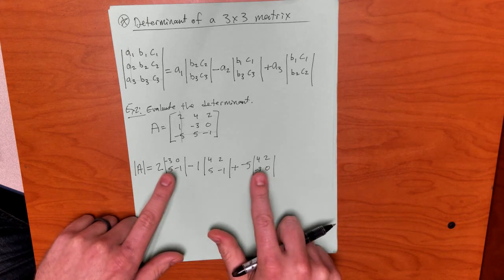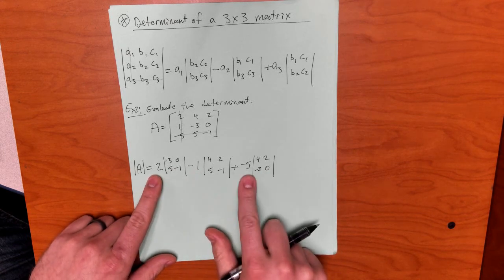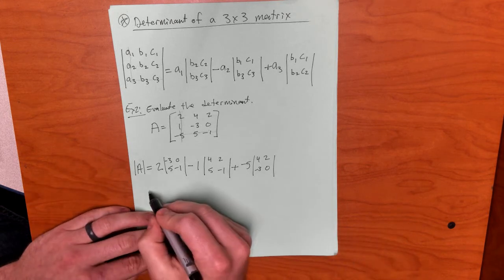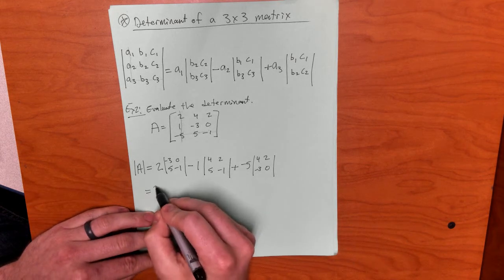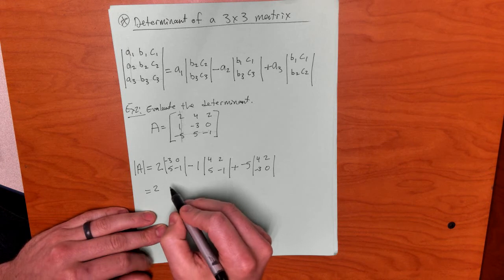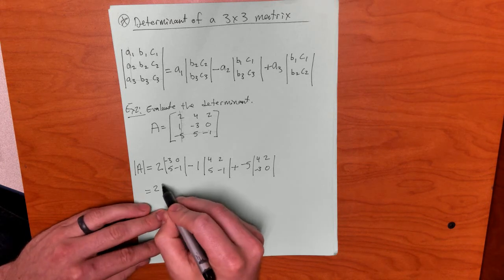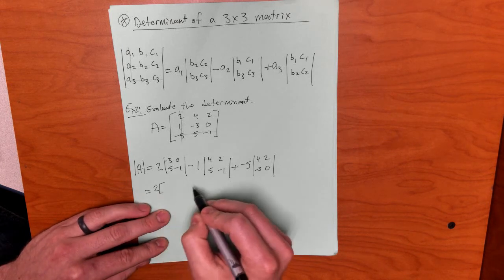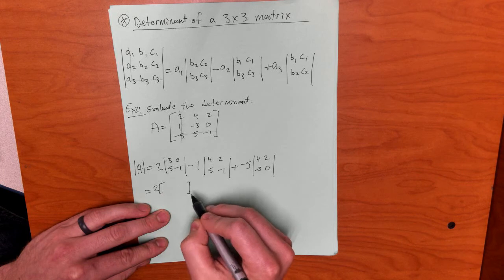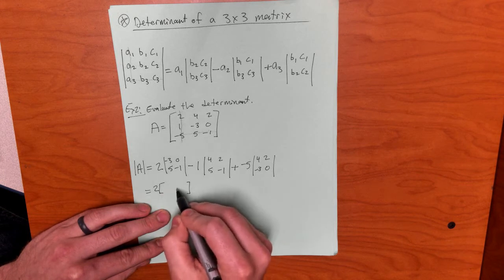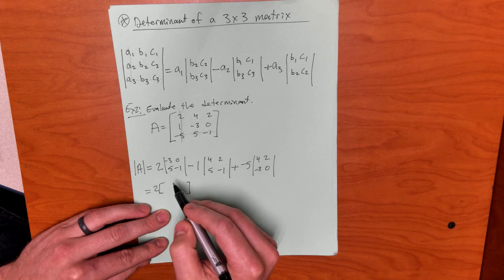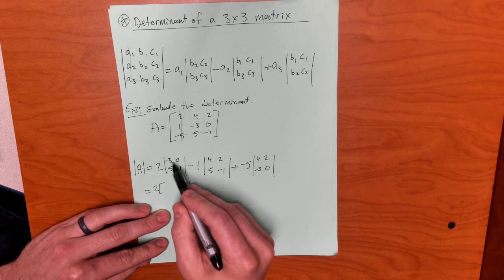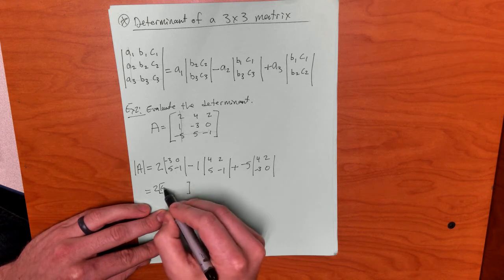So you have 3 determinants now that you have to work. And then when you find each of those determinants, you're now multiplying by a number in the front. So let's work this out. This 2 stays here. All right. And I'm going to have a lot of parentheses here, so I'm going to start by opening a bracket on either side here. And this is just going to be the result of the determinant. So it's the diagonal, negative 3 times negative 1.